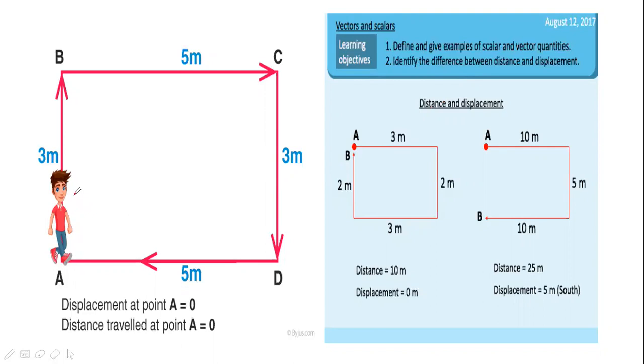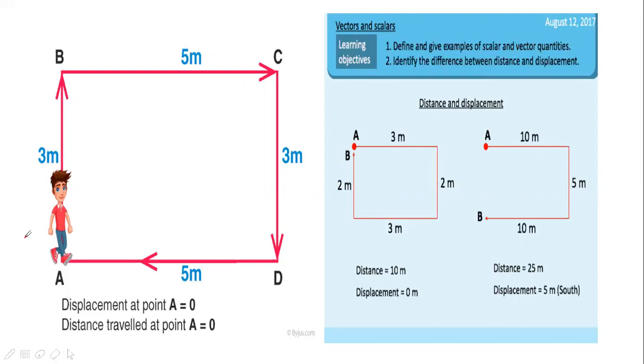You should follow the direction of the arrow. 3 meter, 5 meter from B to C, and from C to D 3 meter, and then from D to A again 5 meter. So 5 plus 3 plus 3 plus 5 will become 16 meter. So distance is 16 meter.